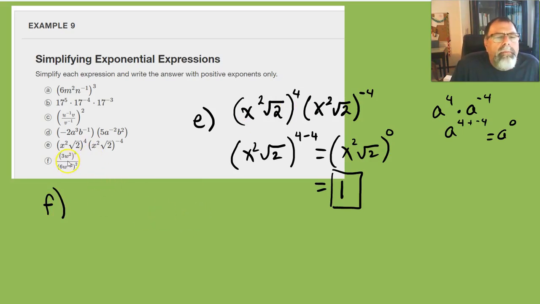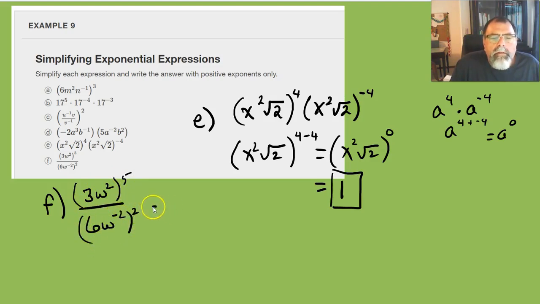All right, on this one, let's see, we got (3w squared) to the 5th over (6w to the negative 2) squared. So I would do 3 to the 5th, w, 2 to the 5th, which is 10, and then 6 squared, which is 36.